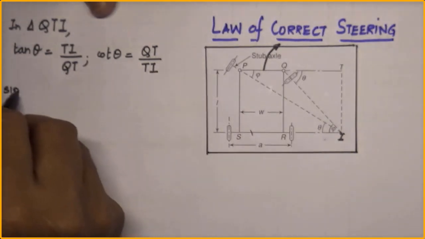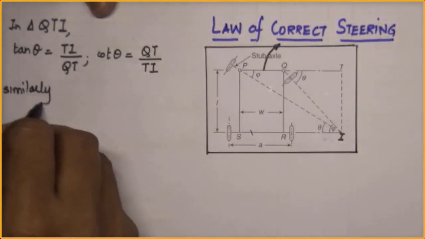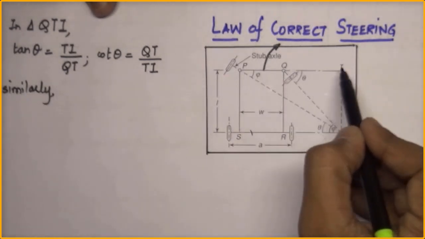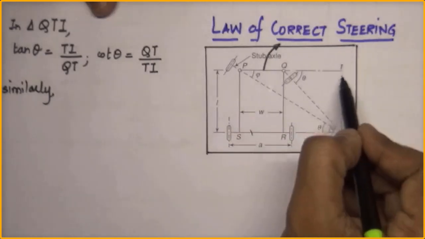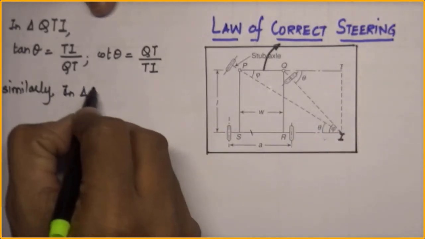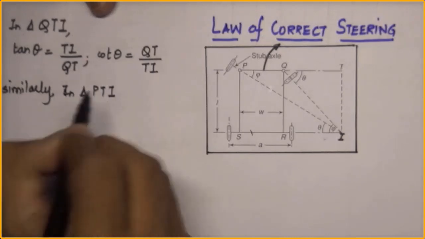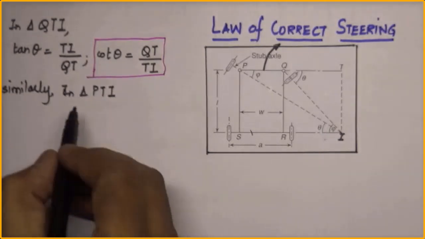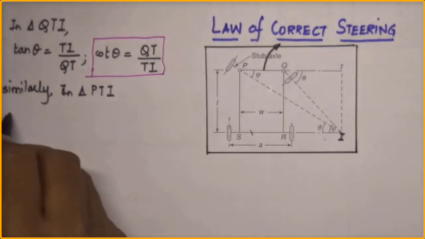Now, similarly, there's a bigger right angle triangle PTI, which involves the outer wheel. So, in the triangle PTI, again the same thing.